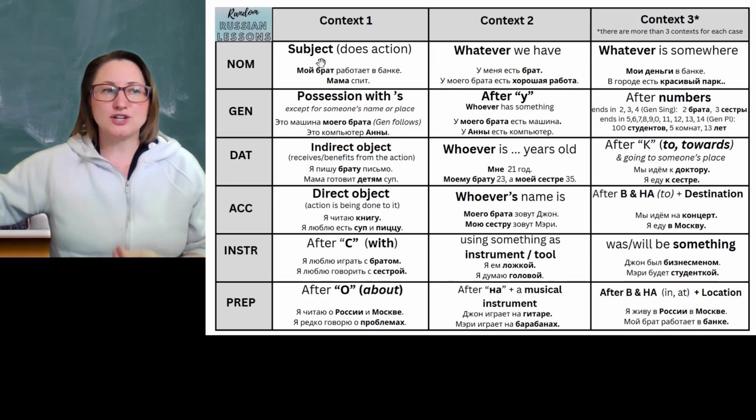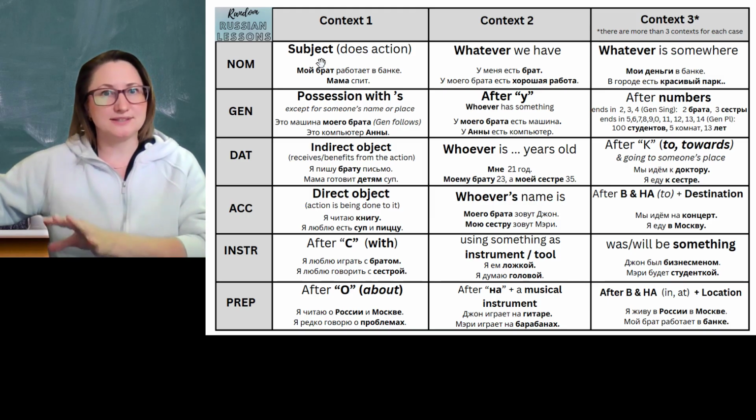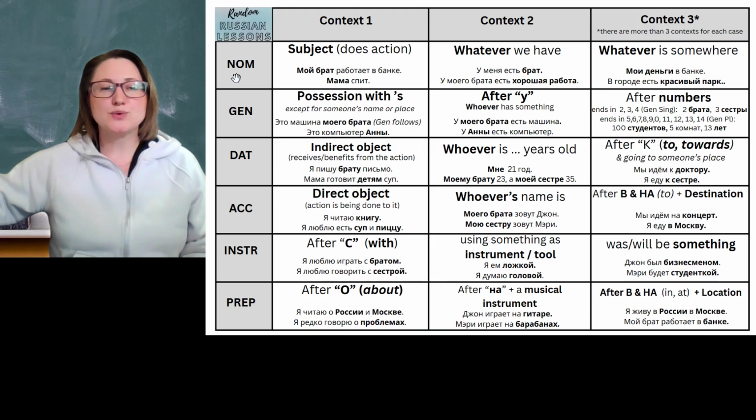But sometimes it's hard for learners of Russian to distinguish between them. For Russians, for us, they're all subjects. It's very easy. But I found it easier to present you different contexts for the subjects. So for nominative, remember, if you have the word in nominative, it is the subject of a sentence.